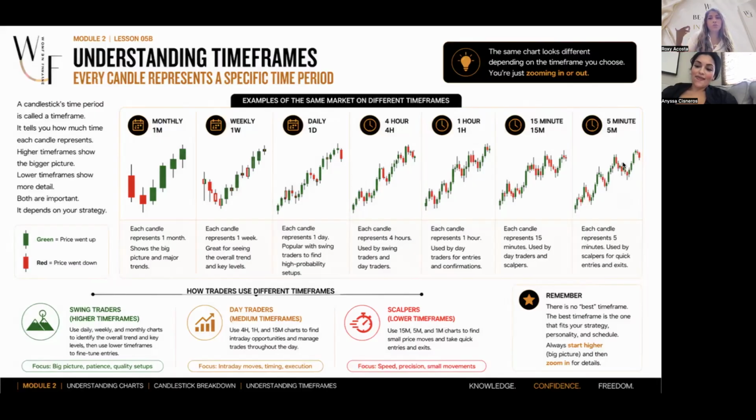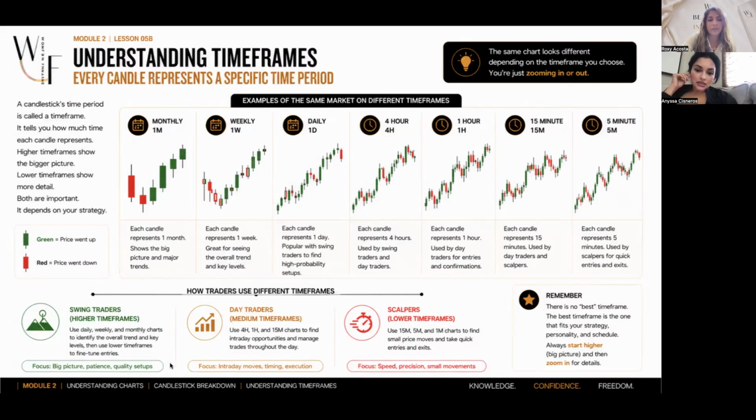So what you want to increase is your probabilities, so that even if a 1 minute candle goes a little bit against you, it's not that much because your entry is a really good high probability entry. But if it goes your way, you're gonna make a good chunk of money.